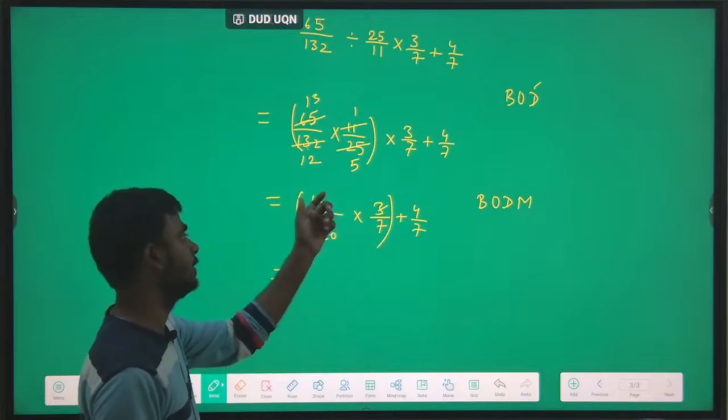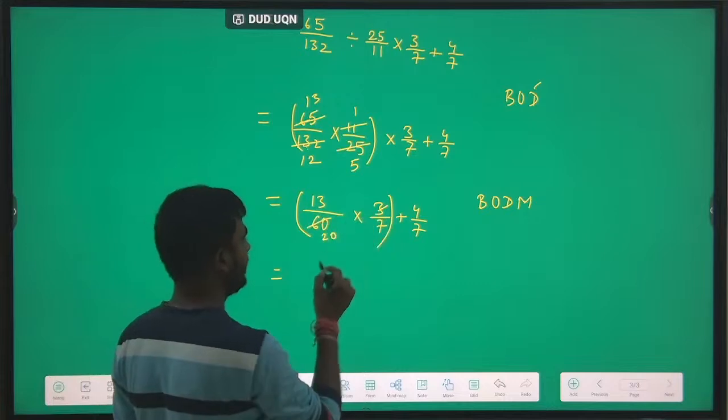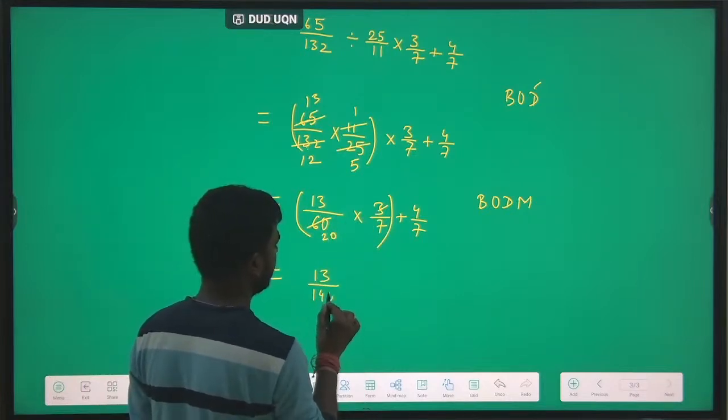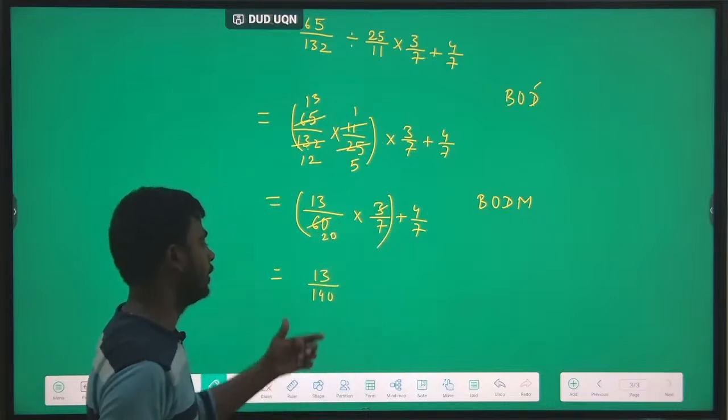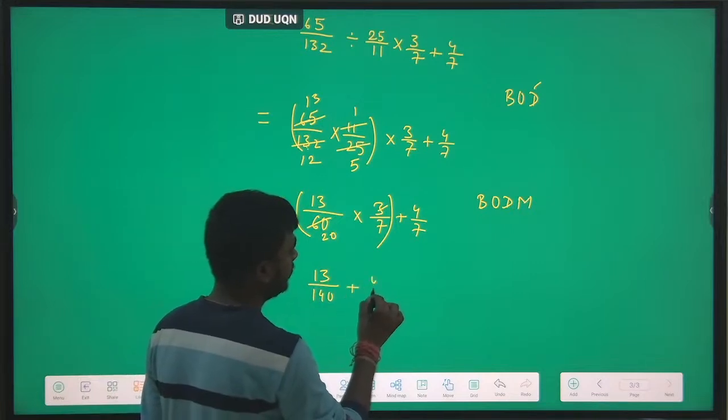We cannot divide 7 and 13, or 13 and 20. So 13 into 1 will be 13 and 20 into 7 will be 140. On multiplying this, we get 13/140 plus 4/7.